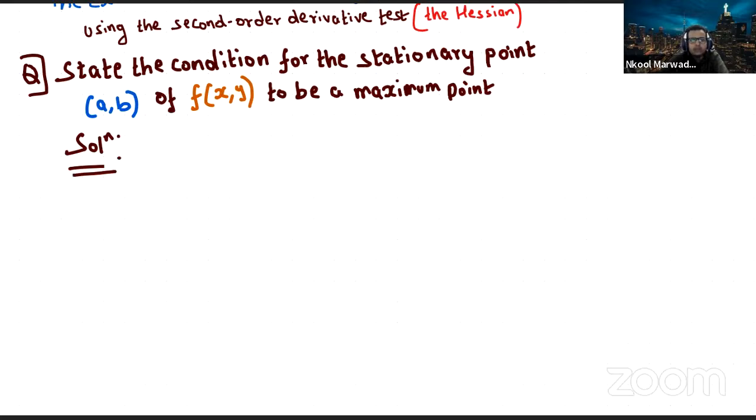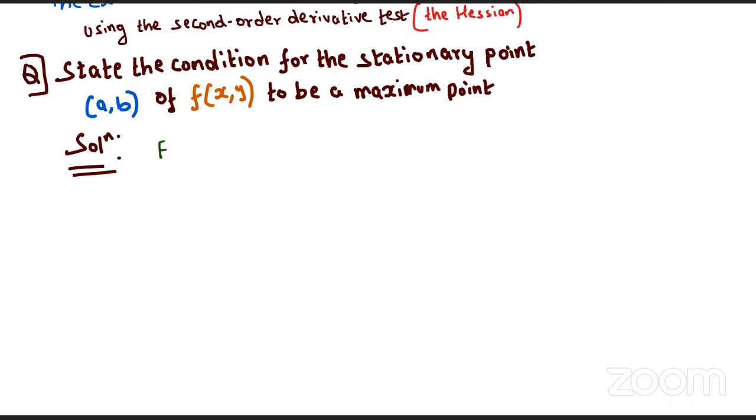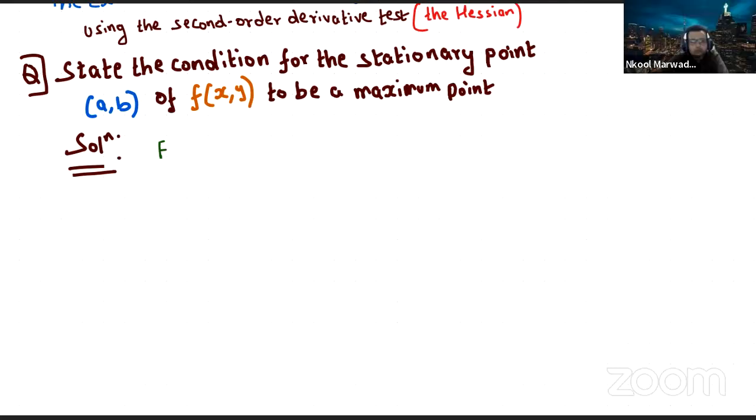Whenever we are dealing with the stationary condition, we have a first derivative test and a second derivative test, or we call them the first order conditions and second order conditions. Let us see what the first order condition is: the first derivative should be equal to 0 at that point. So if the stationary point is given, first verify whether it is the stationary point for this function.